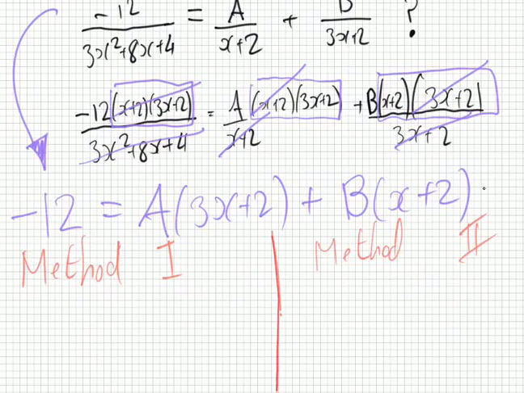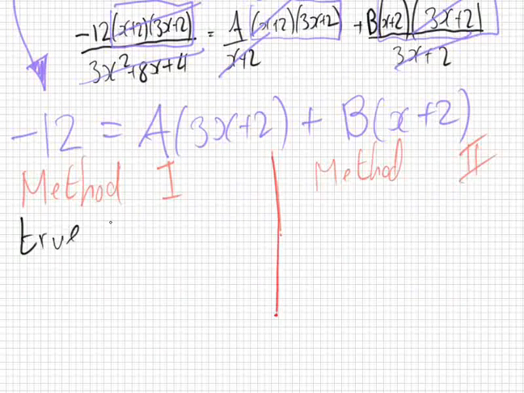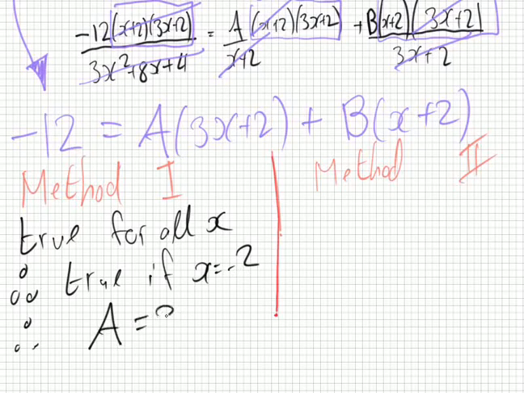Okay? So what we say is, it's true for all x, therefore it's true if x equals minus 2, therefore when I substitute that in there, I'll get a equal to 3.